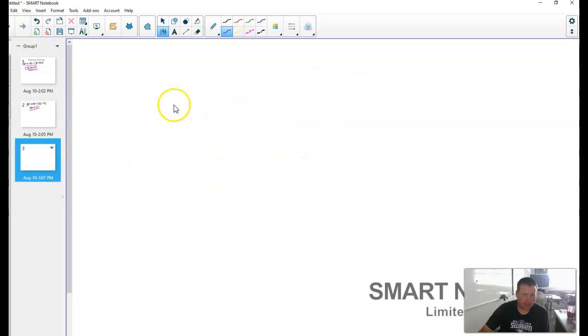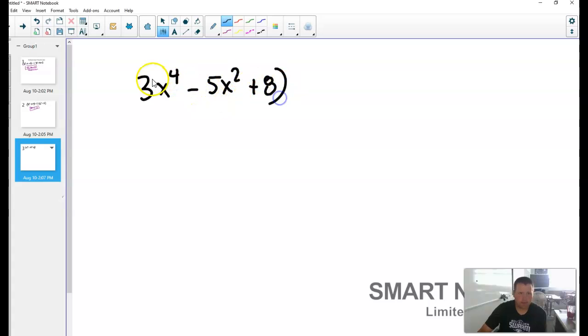The next pretty common error is when you have polynomials, again, that you are subtracting. So again, if I've got this here, and let's say I've got x to the 4th, minus 7x squared and plus x, and then minus 5 here.